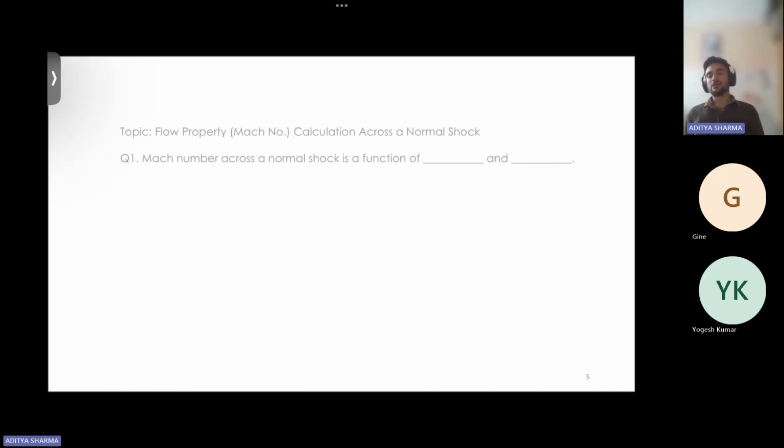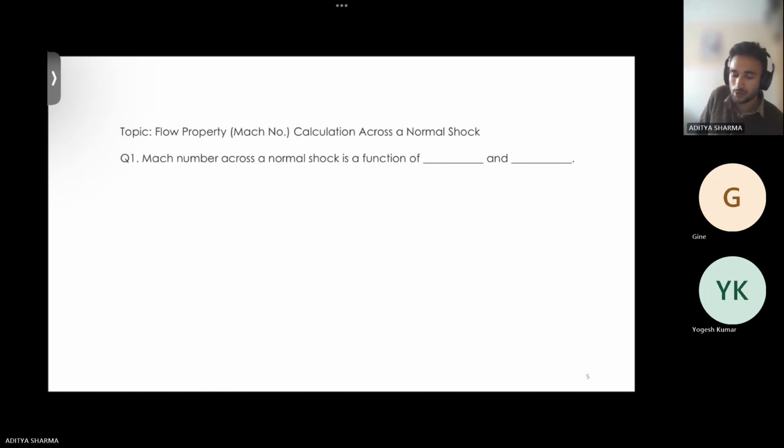So this is the first question. The topic is flow property calculation across a normal shock, related to Mach number across a normal shock.